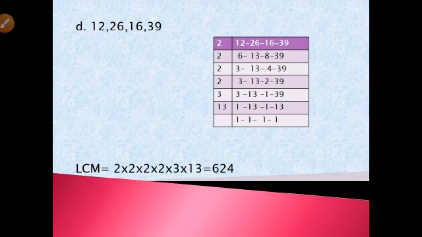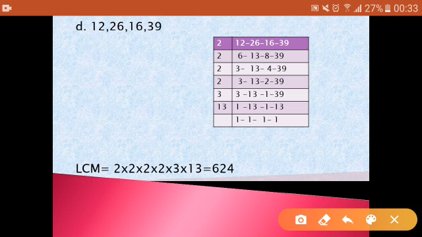Otherwise, by doing the long division process, like if you want to check this 39 and divide it and then check with 3, 7 and all that, no, just use divisibility rule for it. You are not going to divide the numbers, just use divisibility rules. You can get the idea of the number which is going to divide this. So LCM of this number is 624.